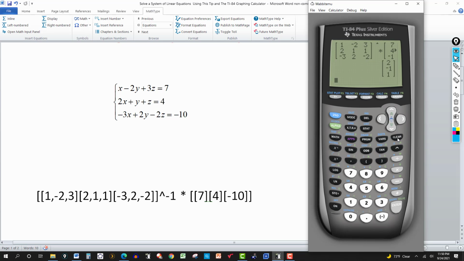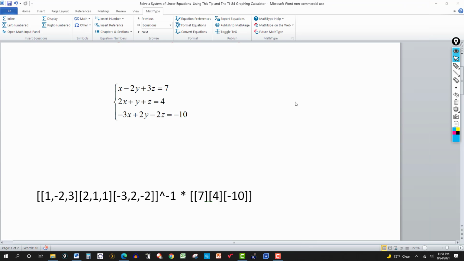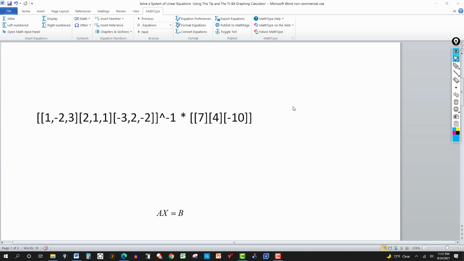If you haven't figured that out, I do want to explain it to you in case you're not sure. Basically what I'm doing is I'm using a matrix equation. So this is the matrix equation right here. That A would represent the coefficients of the variables, which would be a 3x3 matrix.